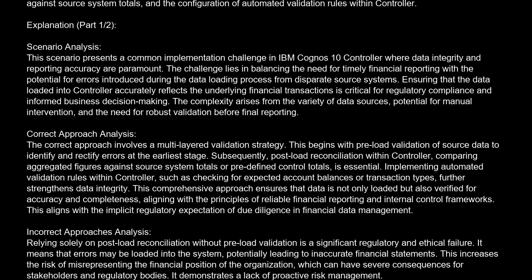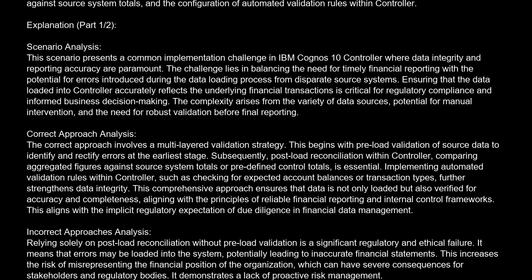Correct approach analysis. The correct approach involves a multi-layered validation strategy. This begins with preload validation of source data to identify and rectify errors at the earliest stage. Subsequently, post-load reconciliation within Controller, comparing aggregated figures against source system totals or predefined control totals, is essential.